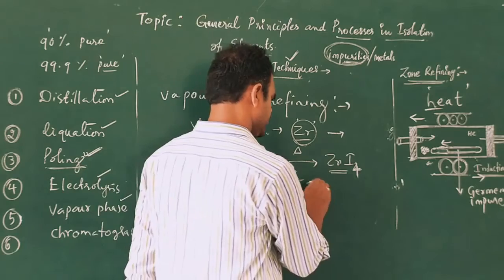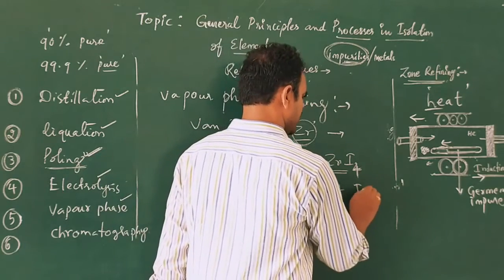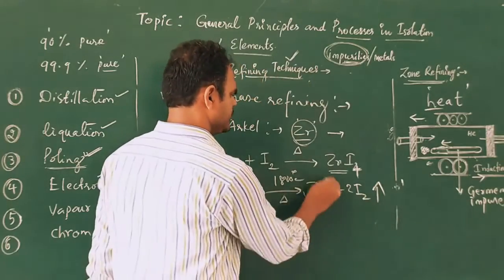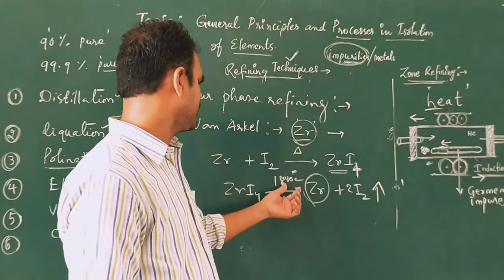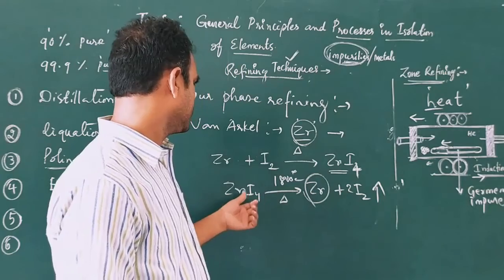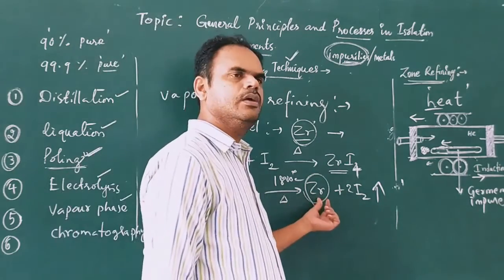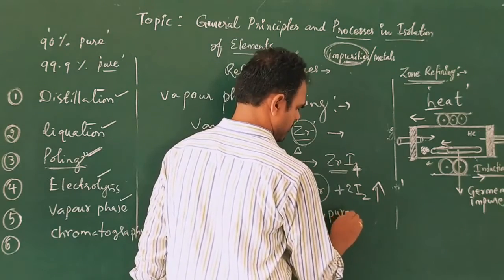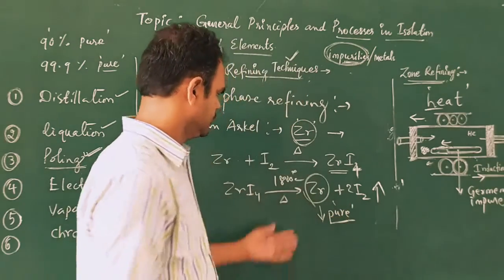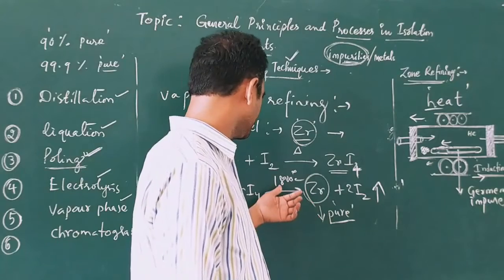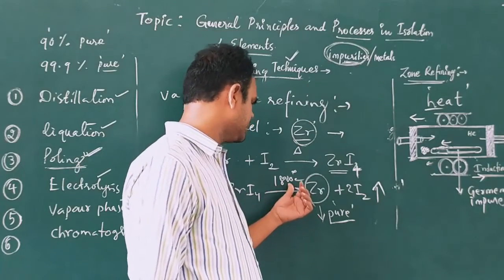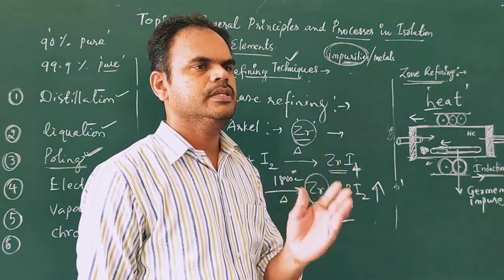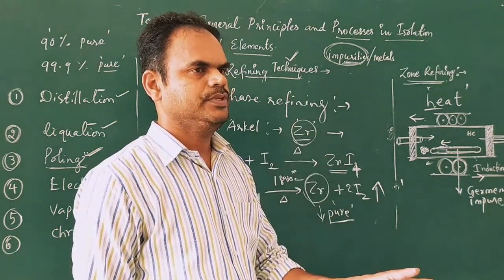The zirconium tetraiodide decomposes into pure zirconium plus iodine gas. Iodine gas is separated, then we get pure zirconium. By using the arc method you can decompose it, or by heating at 1800 degrees Celsius you will get pure zirconium. This is the Van Arkel method, we say.